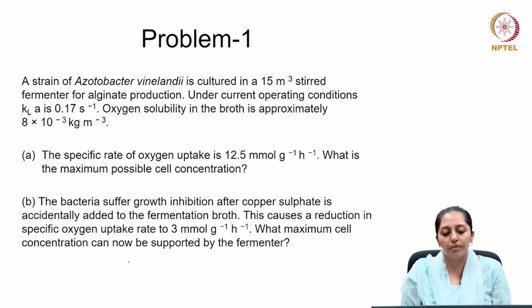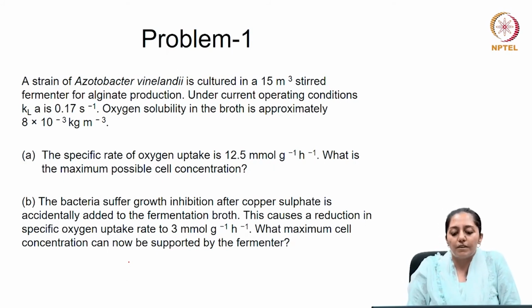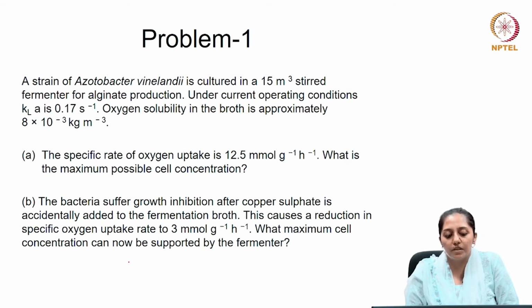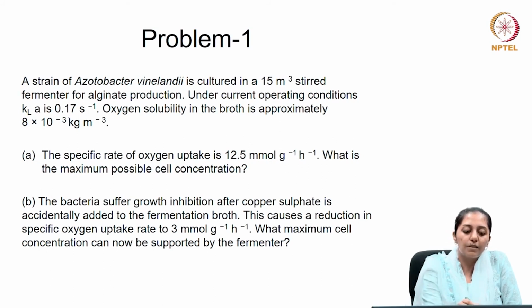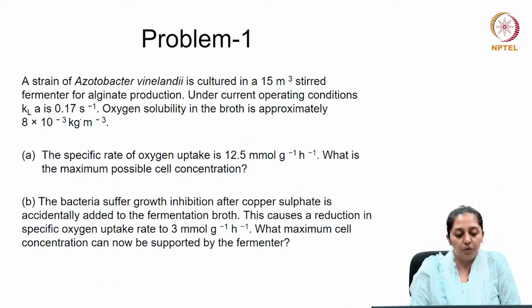Let us discuss a problem here. A strain of Azotobacter is cultured in a 15 meter cube stirred fermenter for alginate production. Under current operating conditions, the volumetric mass transfer coefficient is given as 0.17 second inverse. The oxygen solubility in the broth is approximately 8 ppm.